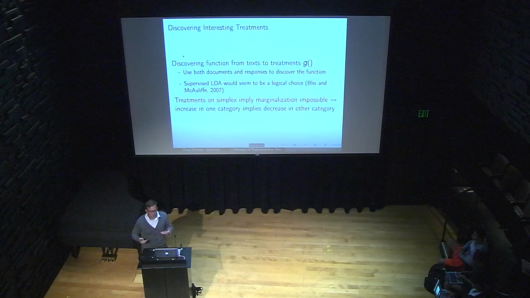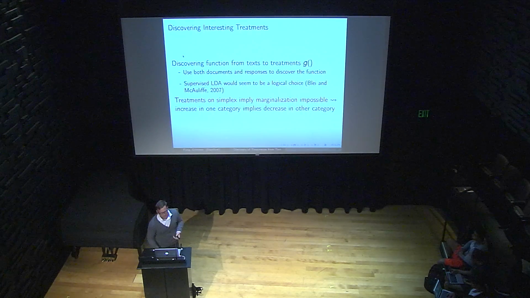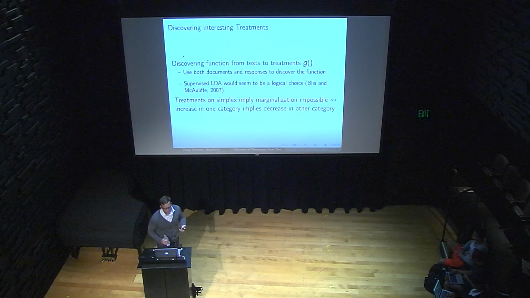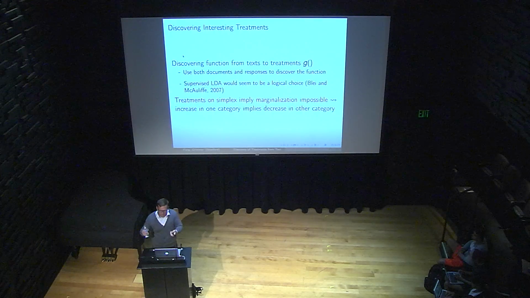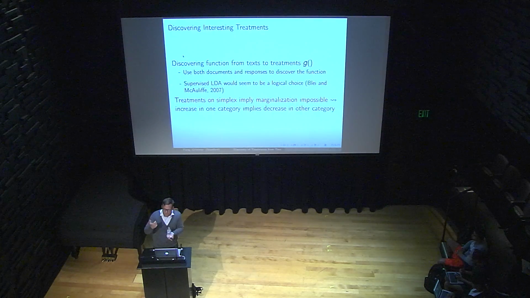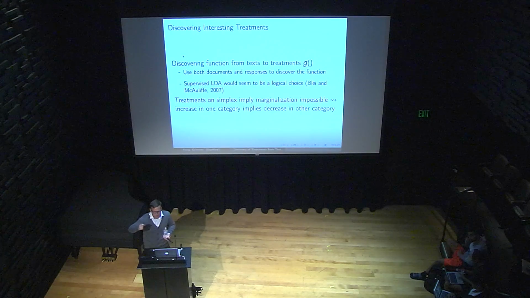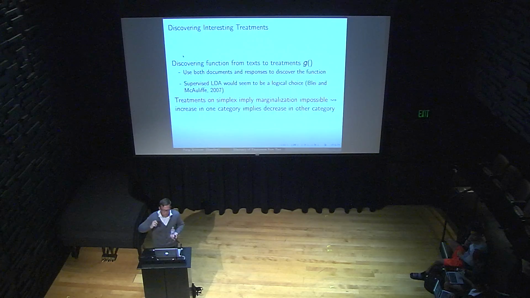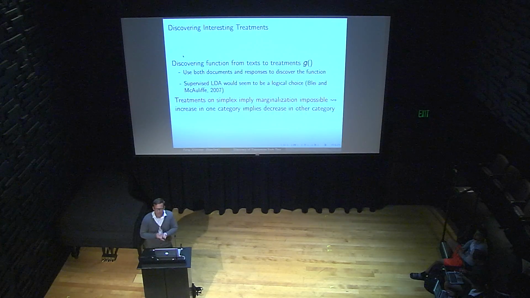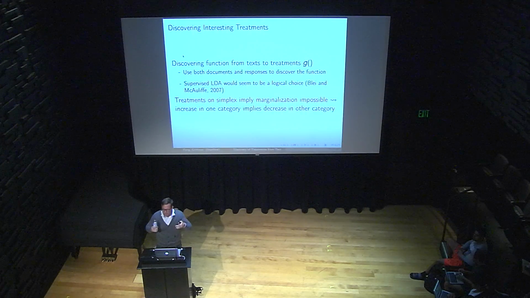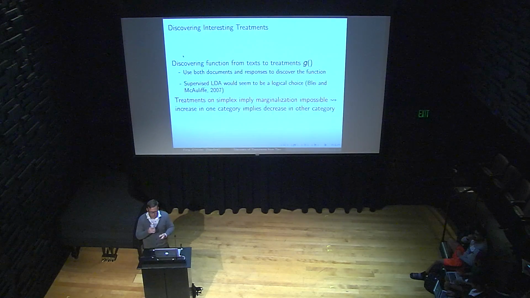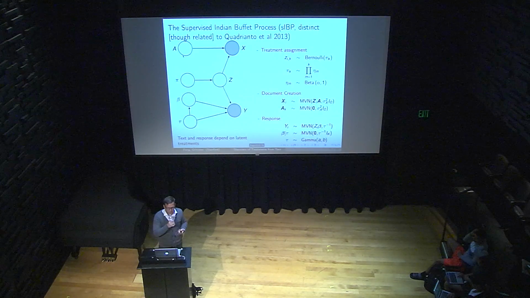So it would seem like we could do something LDA-like, but the problem with using an LDA-like method is that they embed the proportion of documents onto the simplex, and there's no natural way to get a good causal effect on the simplex using the traditional definitions. You can define some other causal effect, but it ends up not really being the thing that people tend to be interested in.